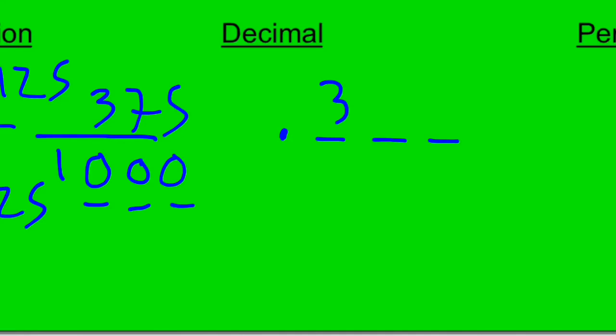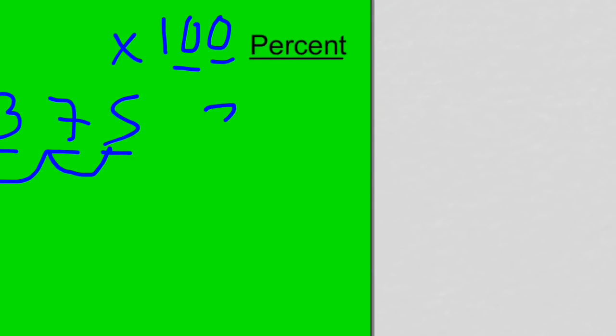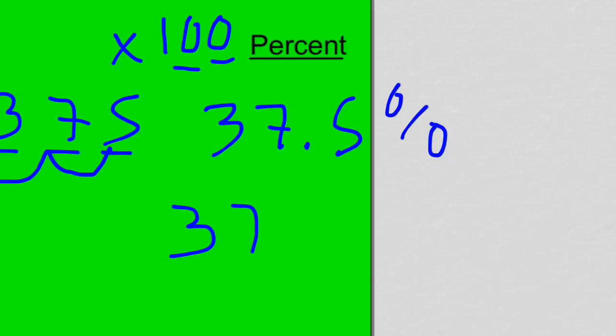And in those spots goes 375 and a 0 in front. To get the percent, mentally multiply by 100. 2 zeros on 100 means shift the decimal 1, 2. And you're going to get 37 and 5/10%, or 37.5%.